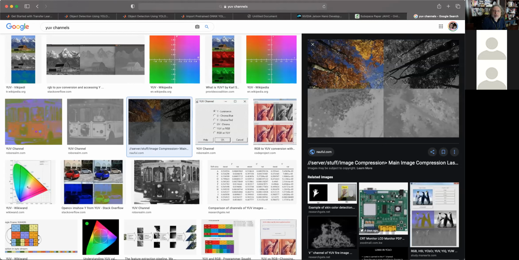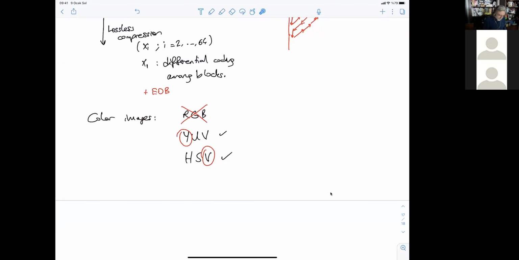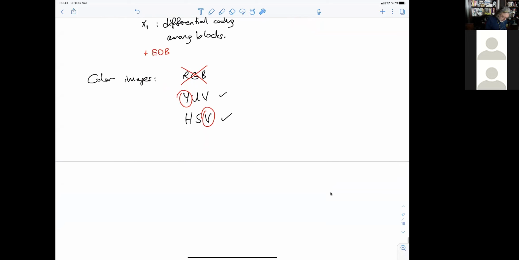Now let me go back to my notes again, and I will continue from there. We will be applying JPEG directly to this V channel or the Y channel of YUV.